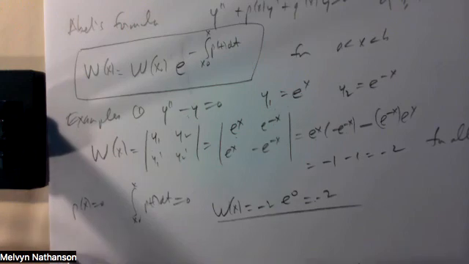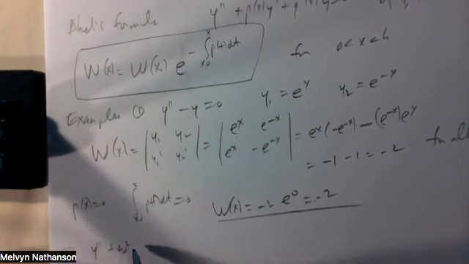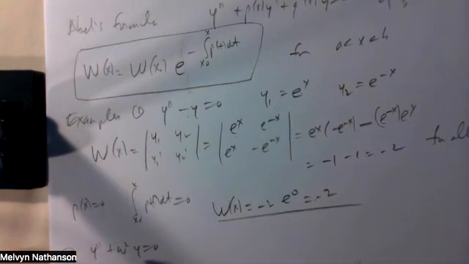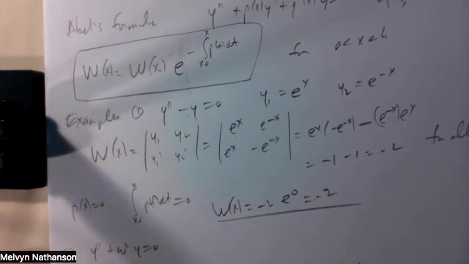And then we look at the second example, y double prime plus omega squared y equals 0. We had two fundamental solutions, cosine omega x and sine omega x. What is the Wronskian?